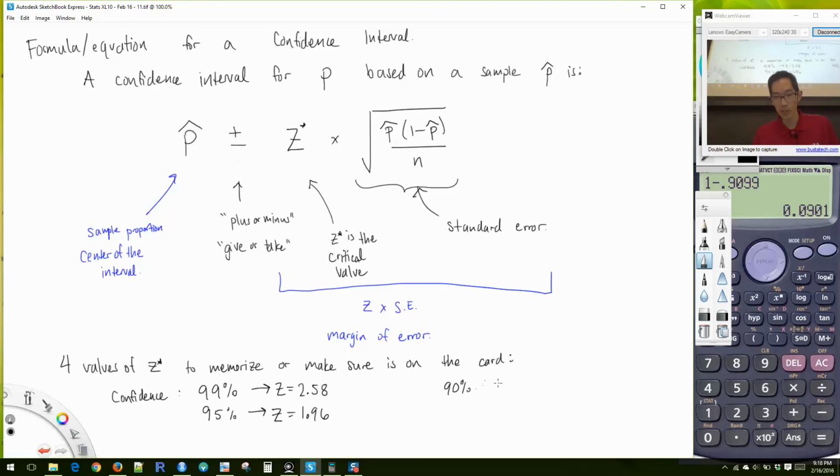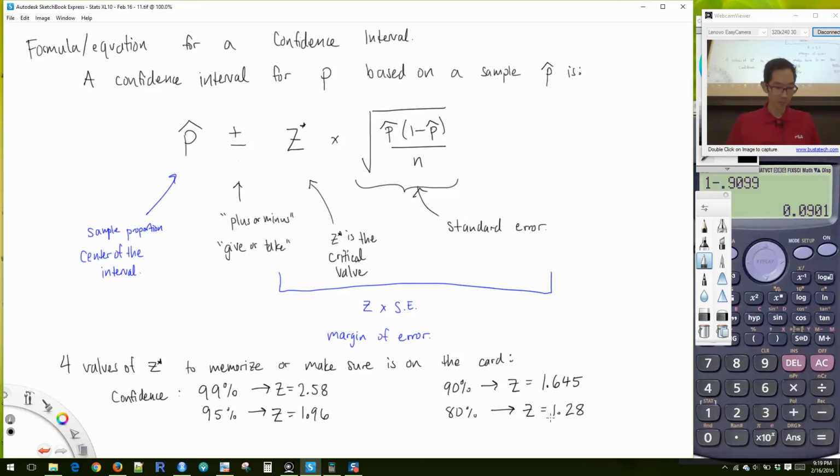For 90% confidence, use z equal to 1.645. And for 80% confidence, z is 1.28. These are the 4 values of z that you need to memorize or make sure are on your card.